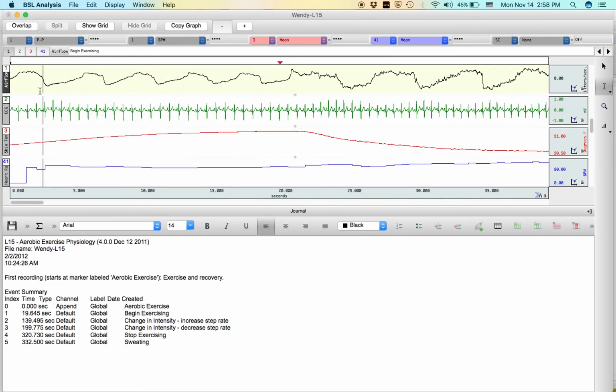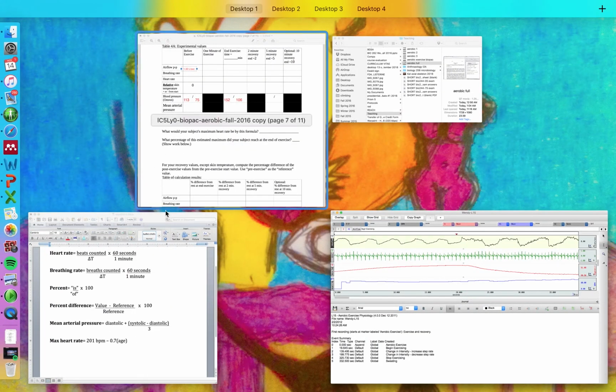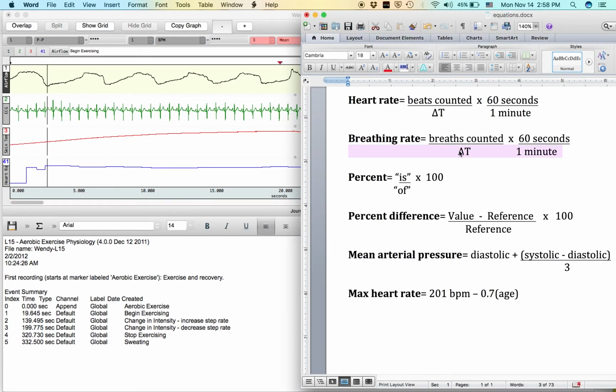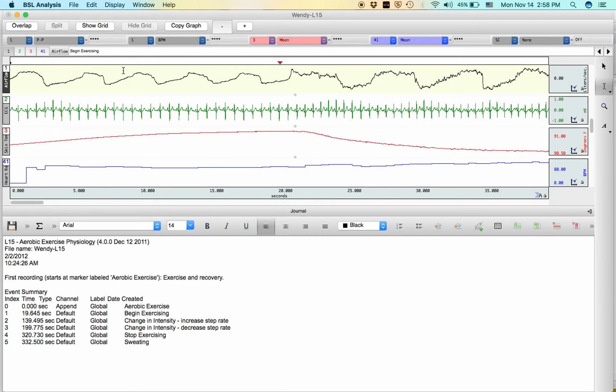To do this, I need to figure out how many breaths it takes in a given amount of time, and then multiply that by 60 seconds over 1 minute. So looking at this airflow data before exercise, keep in mind this is flow, so this is a rate that oscillates above and below 0.